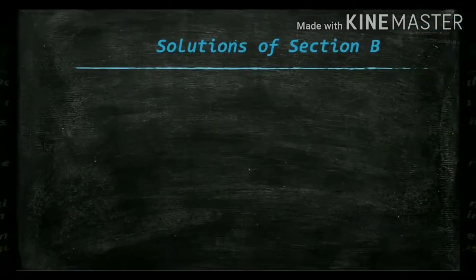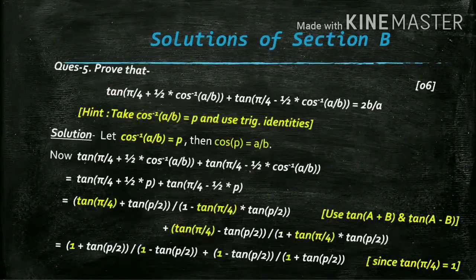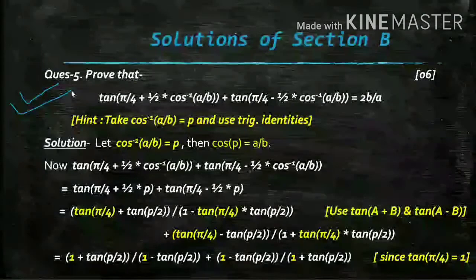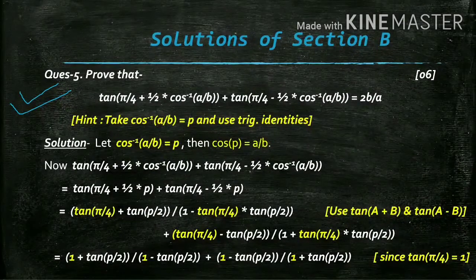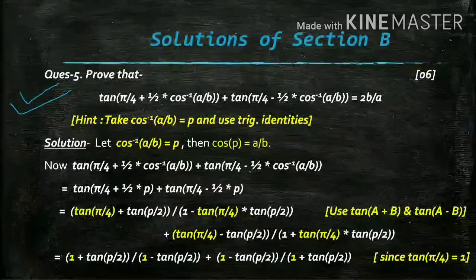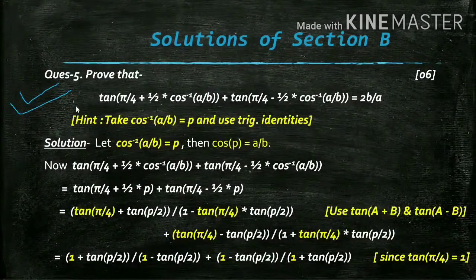Now let's move to the fifth question. This was a bit tricky one, and a bit lengthy also. So in case you have left it out in the choice, that's not an issue. Here you need to prove that this big term equals 2b by a, whatever is given to you.